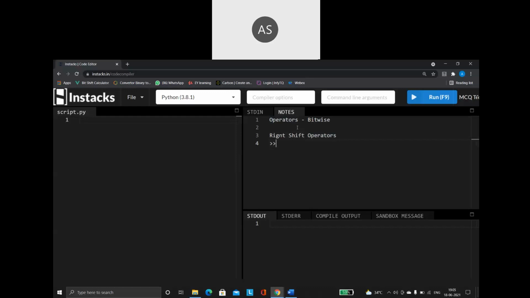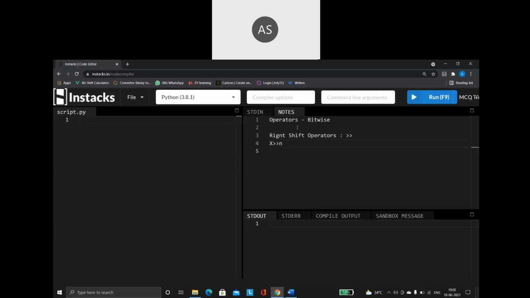So this is the symbol of your right shift operator. What is the general syntax? x right shift n. I already told you what x is. x is nothing but the decimal value on which you are going to apply the operator.